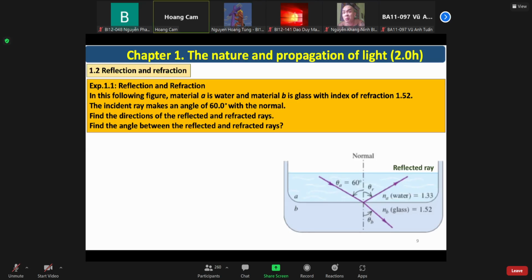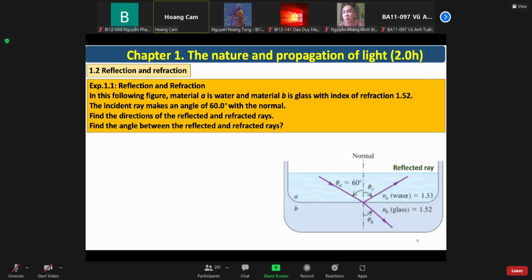And the direction of the refracted ray is approximately 49.27 degrees. And the angle between the reflected and refracted ray is... I don't think I got the right answer for this one.